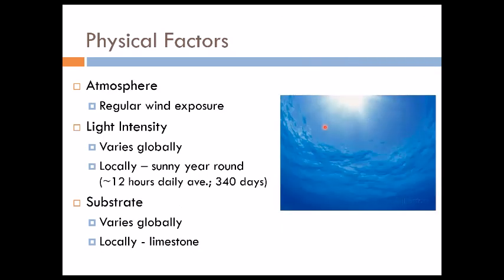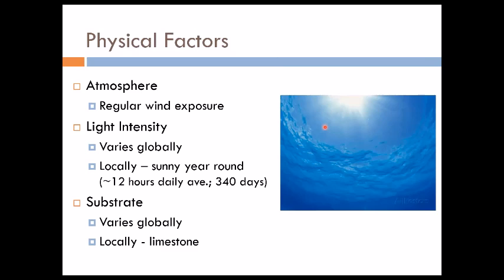All right, some of the other abiotic factors, but I would have mentioned some of this before. Remember, whenever we talk about abiotic factors, these are basically the non-living elements that affect an ecosystem.